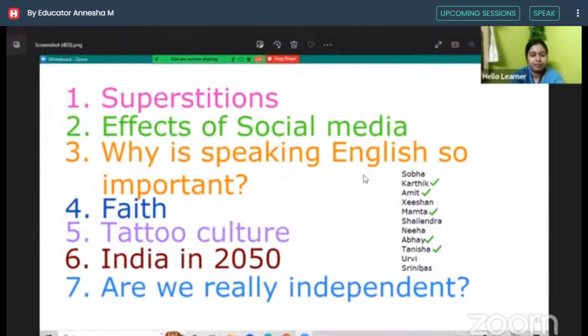But there is one important thing: many people learn English and want to learn American accents. Sometimes we speak English, and the other person also speaks English, but we are unable to understand what they are saying. Here we should understand that if we are learning English, we have to convey our message to others.